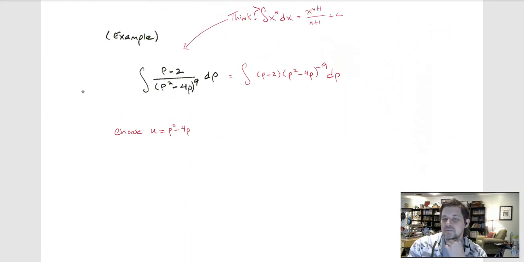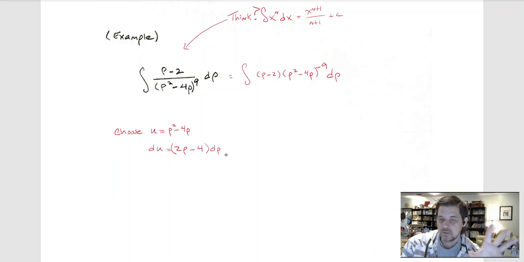Now this will take care of p, the variable p. For the dp, the differential, what I need to do is take the derivative of both sides of this. On the left-hand side, the derivative of u will be du. On the right-hand side, I've got p squared minus 4p, so here I get 2p minus 4, okay? So there's your derivative of p squared minus 4p, 2p minus 4. But dp, that's a p derivative.